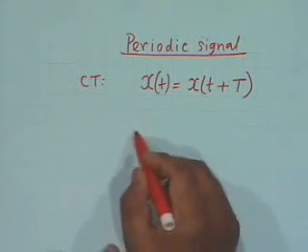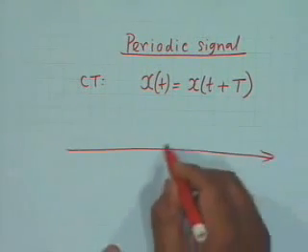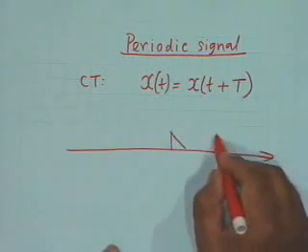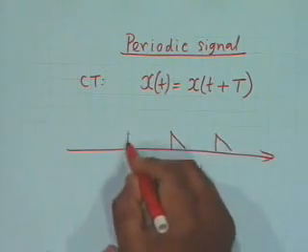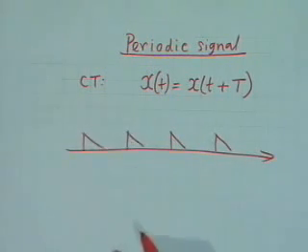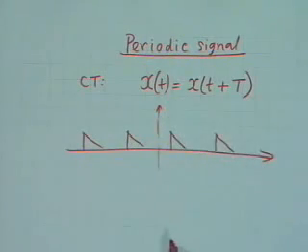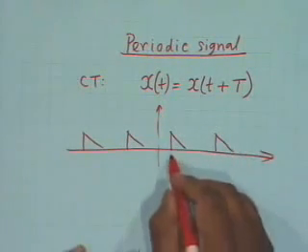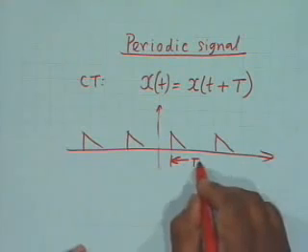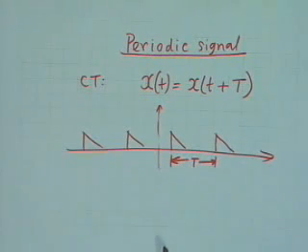For example, if I have a signal like this, a signal which repeats, this is x of t, which repeats at regular intervals of time, and this distance is capital T, then it is a periodic signal.